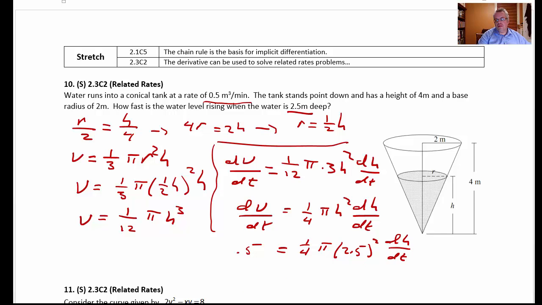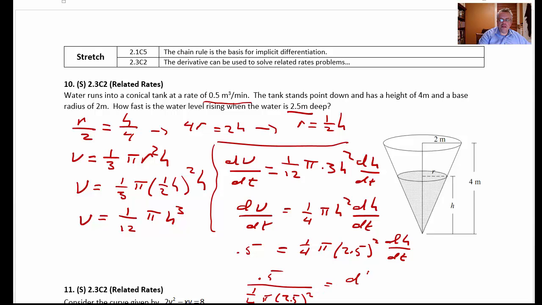Now we can use a calculator. Actually, if I was using a calculator, I'd just simplify all this and do 0.5 divided by that. So I'm going to be a little lazy here and say dh/dt is equal to 0.5 over 1/4 pi 2.5 squared.